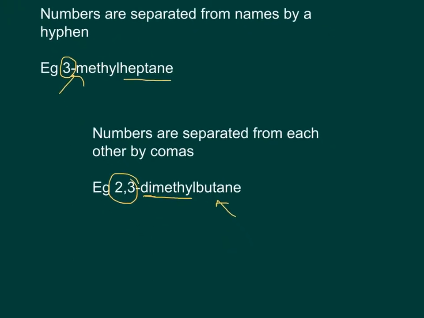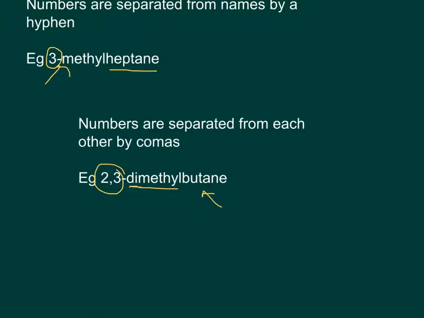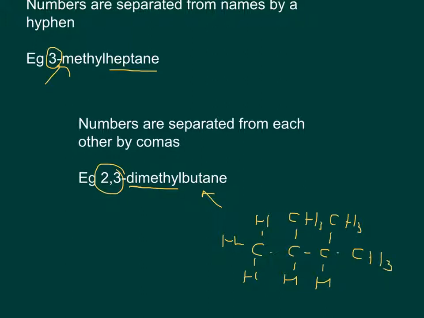If I just move that up there, we're going to have 4 carbons, 1, 2, 3, 4, and then a methyl group coming off carbons number 2 and 3, and the rest are going to be hydrogens, like so.